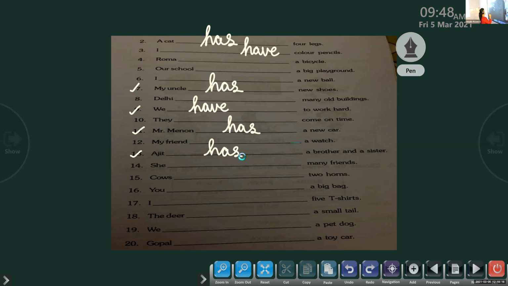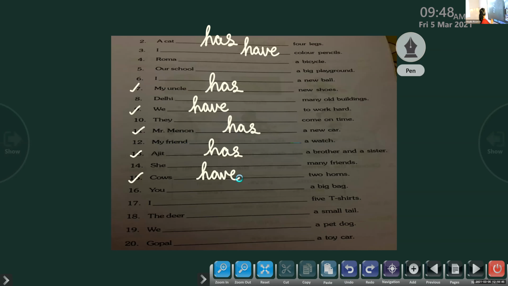So, we will write has. Thank you, my dear. Advait Manoj, try number 15. Cows have 2 horns. A is not there. Cows means more than 2, right? So, cows have 2 horns. Good effort, Advait. Thank you.